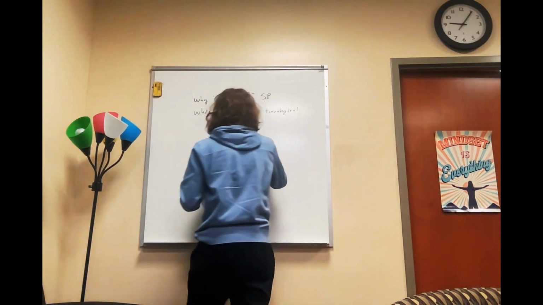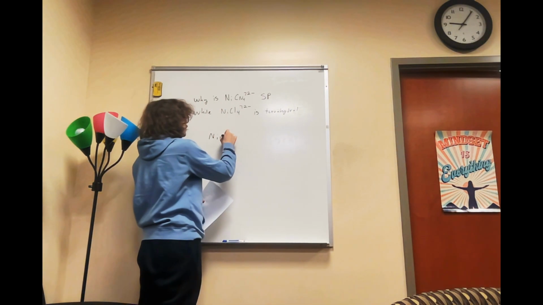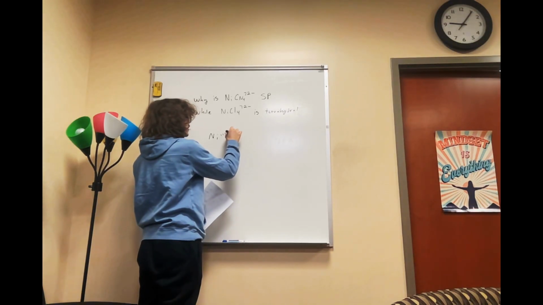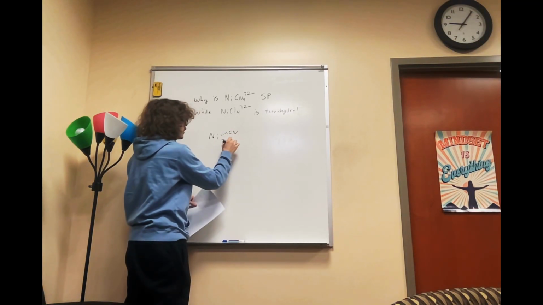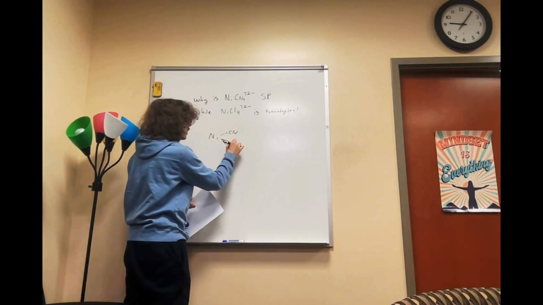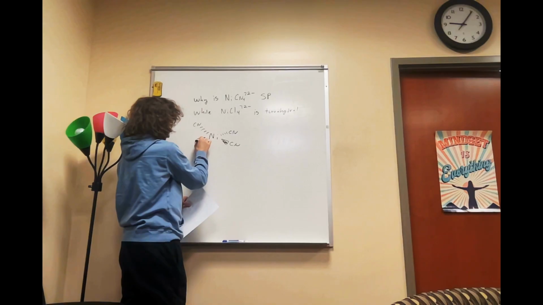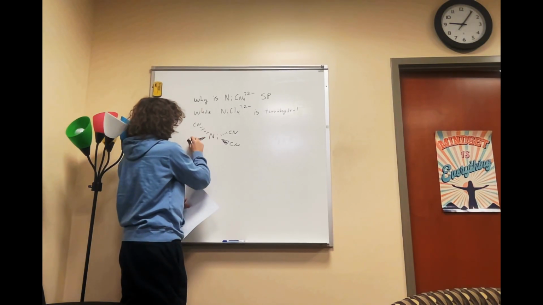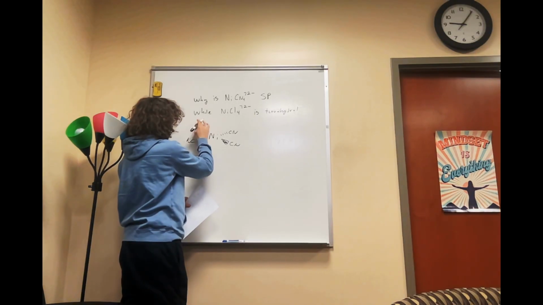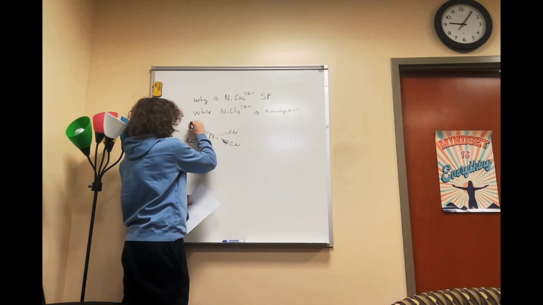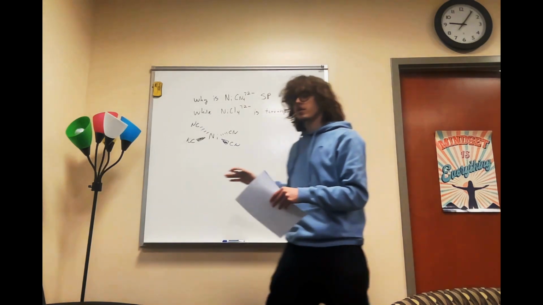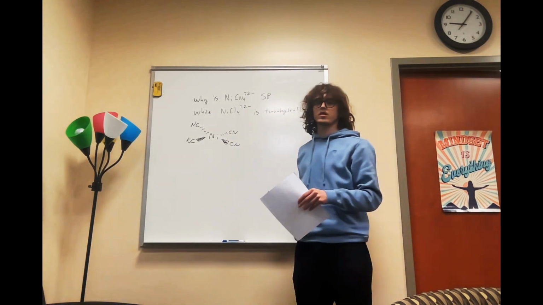So nickel forms a complex where it looks something like this with the cyanide. So for nickel, you'll observe this very planar structure to it.